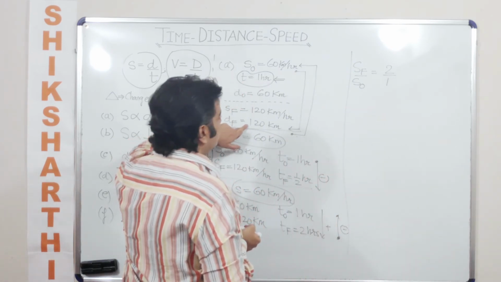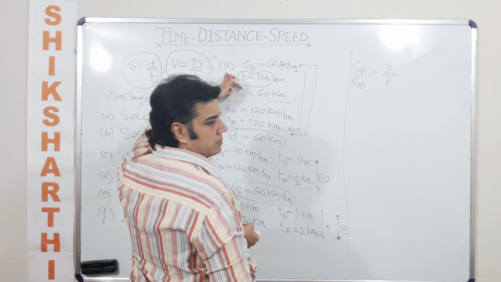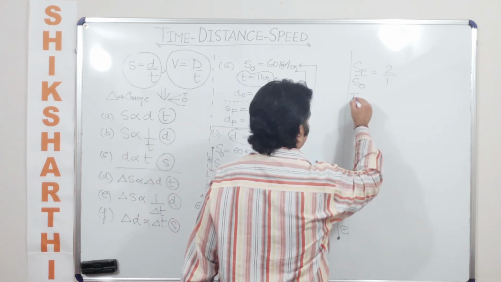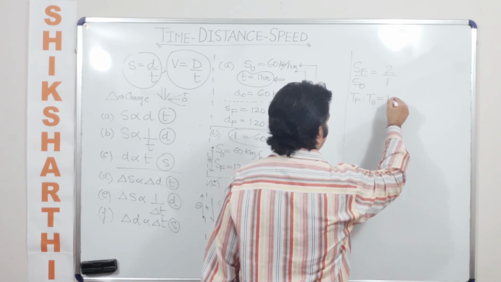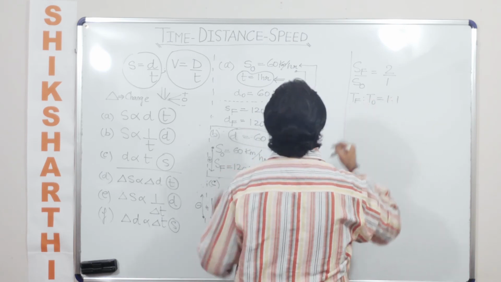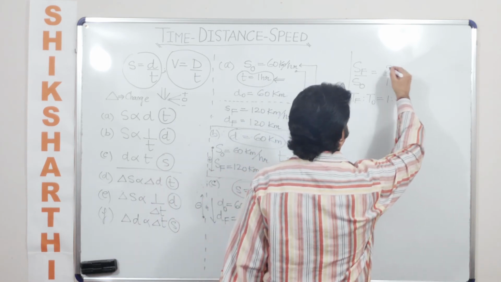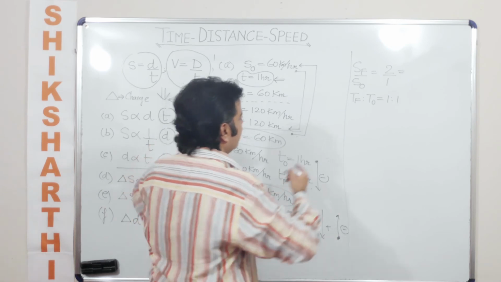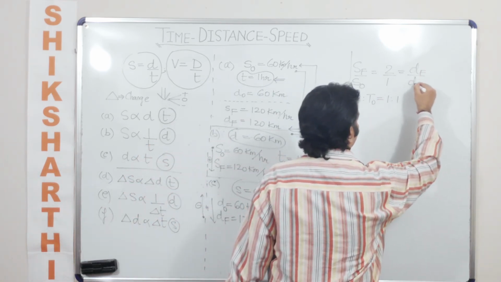So the ratio of their time is nothing but 1:1, because time was kept constant. Now in this case, this ratio is equal to the ratio of their distances traveled, which is df by do.